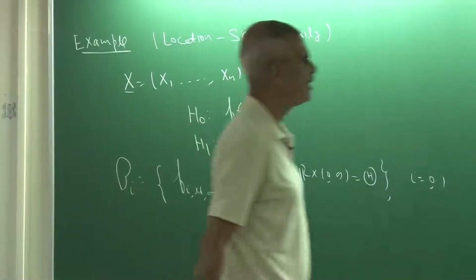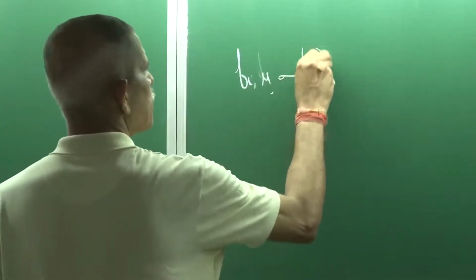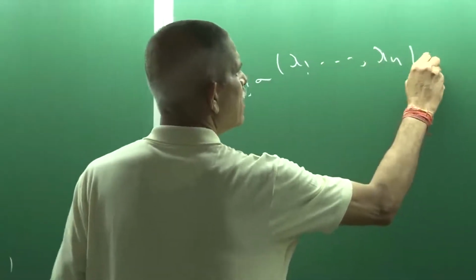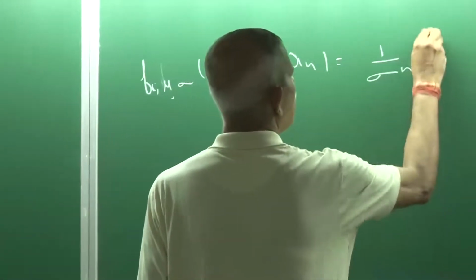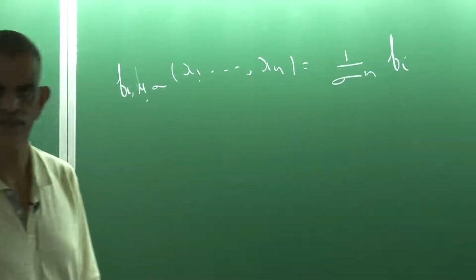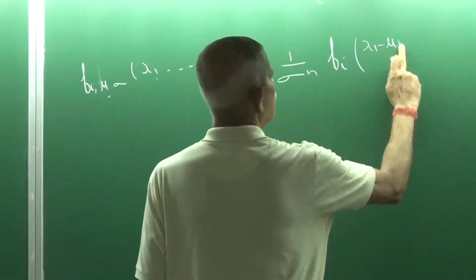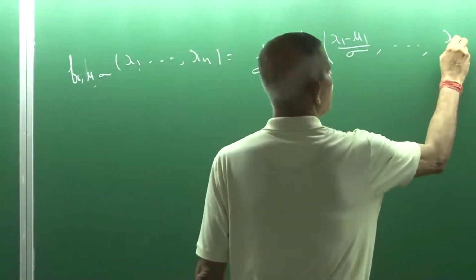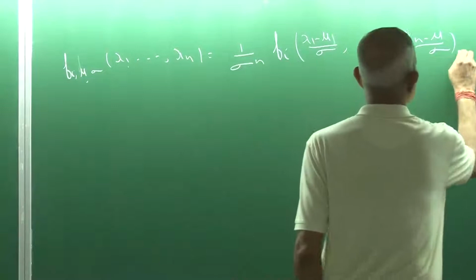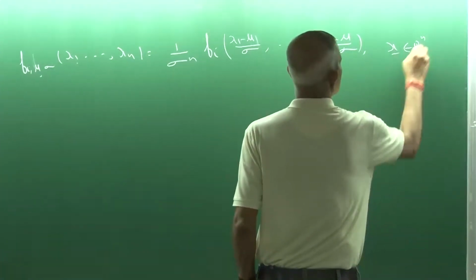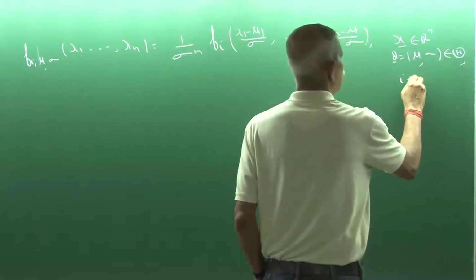So what I assume is that F_i,mu,sigma of x1, x2, ..., xn is a location scale family. I can write this as 1 by sigma to the power n times f_i of (x1 minus mu)/sigma, ..., (xn minus mu)/sigma. This f_i is different for H0 and H1, where x belongs to R^n, theta, which is (mu, sigma), belongs to Theta, and i is between 0 and 1.